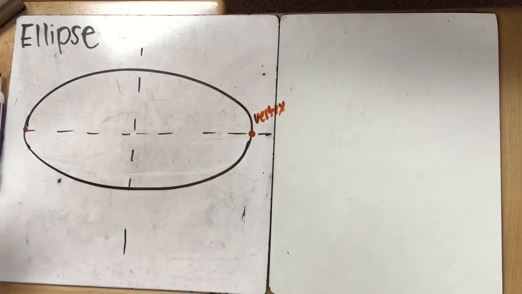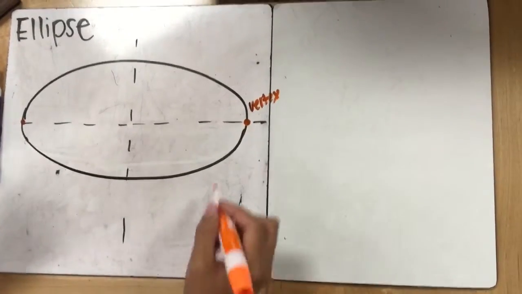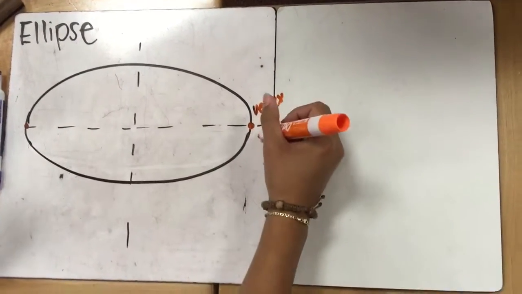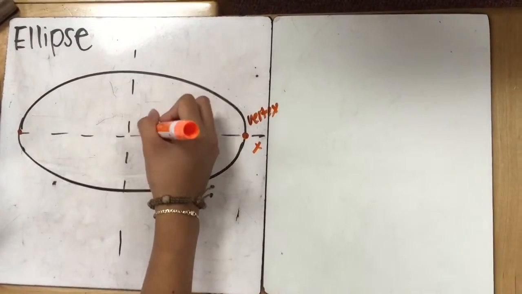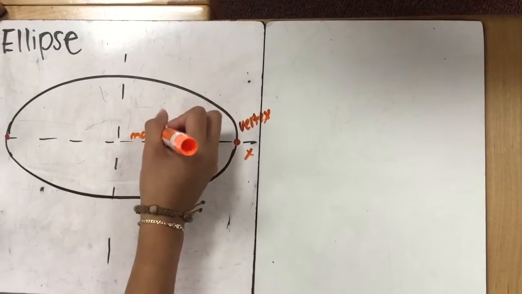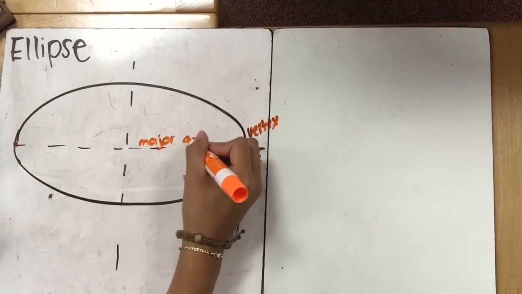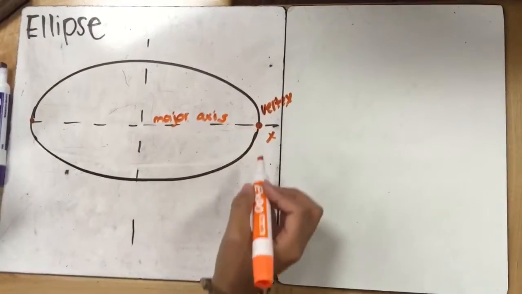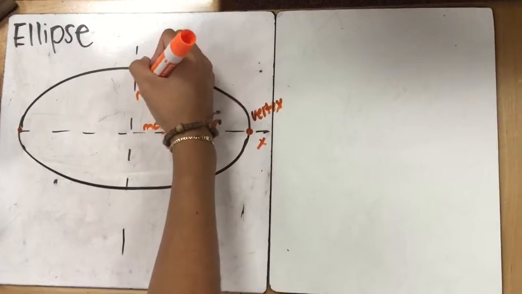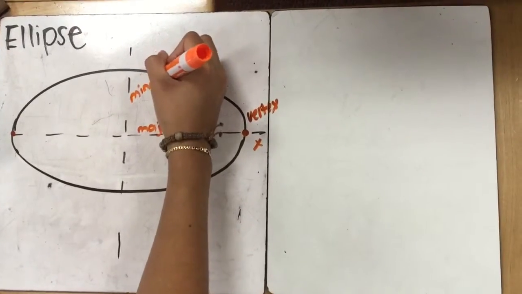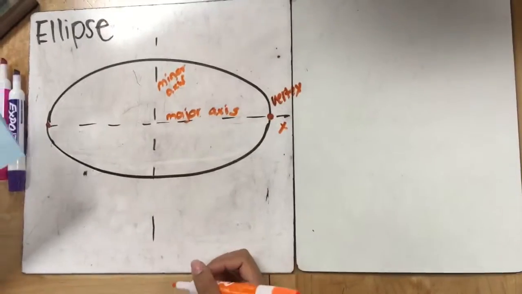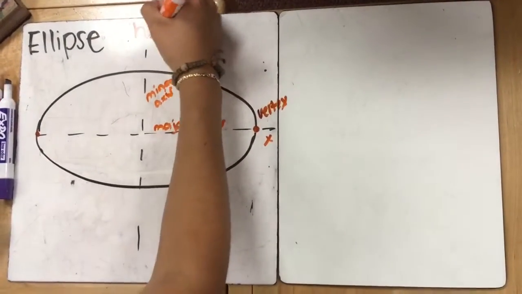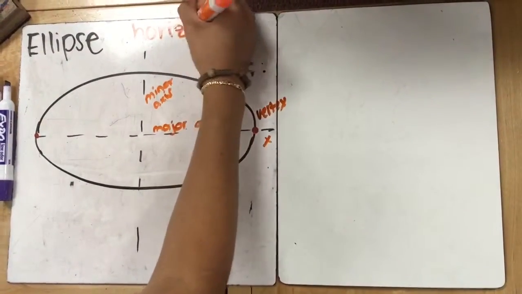This axis right here, known as your x-axis, will be called your major axis. And this will be called your minor axis, only because this is a horizontal ellipse.